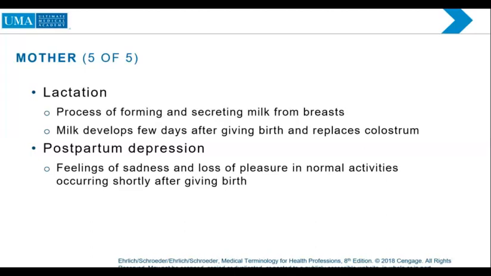Milk develops a few days after giving birth and replaces the colostrum. Postpartum depression is feelings of sadness and loss of pleasure in normal activities occurring shortly after giving birth.